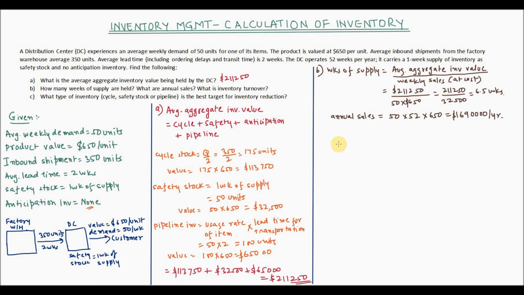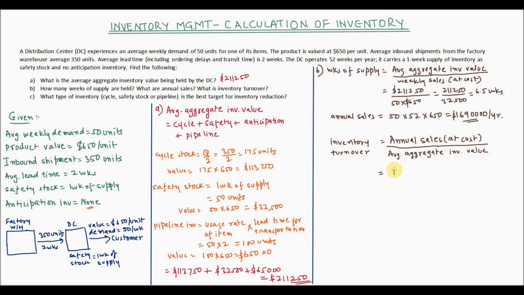Now next we have to find out the inventory turnover. So inventory turnover is annual sales at cost, which is also known as cost of goods sold, divided by the average aggregate inventory value. So basically trying to find out how many times is the inventory being turned over in a year. Now we have been given annual sales as this amount here.